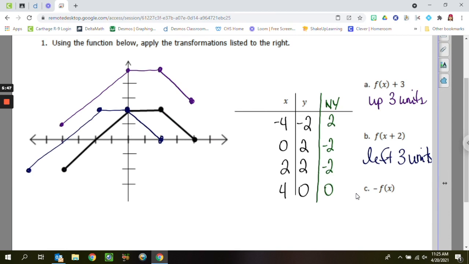So the new points I'm going to graph are going to be negative 4, positive 2, 0, negative 2, 2, negative 2, and 4, 0 doesn't change.